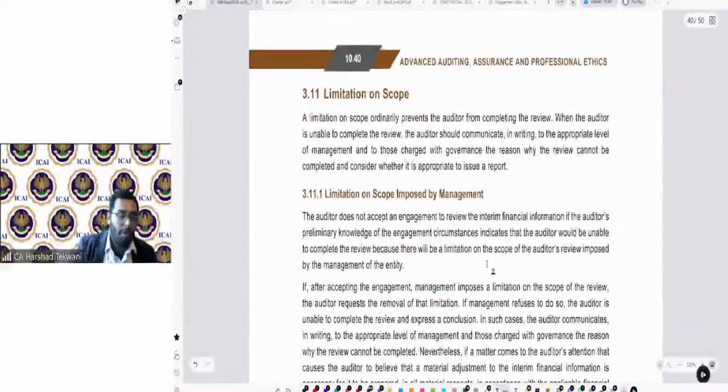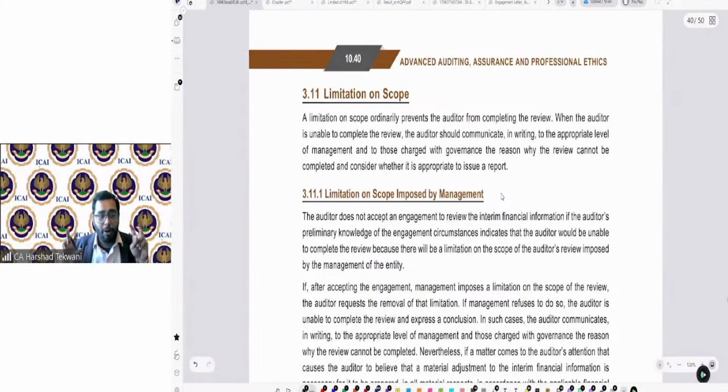The same limitation on scope is there, on the same lines that we have in audit. Whenever I talk about limitation on scope, we need to understand that now we are not talking only about the practitioner, we are talking about the auditor.